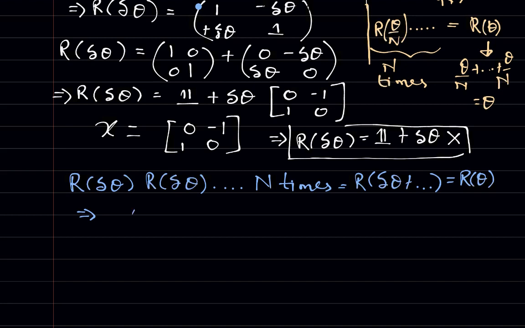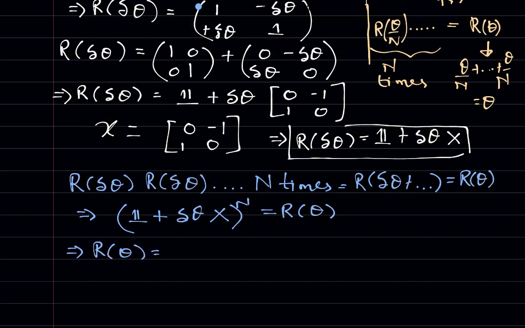This can be written as the identity matrix plus the parameter delta theta X, to the power n, which equals R of theta. So R of theta is 1 plus delta theta X to the power n.